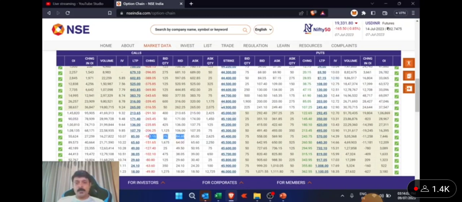So even if the market moves approximately 500 points, it will not be in the money. It will still be approximately maximum at the money. It will still give you losses, but if the movement is within 200, 300 points, it will give you profit. So that's why I select the strike prices.